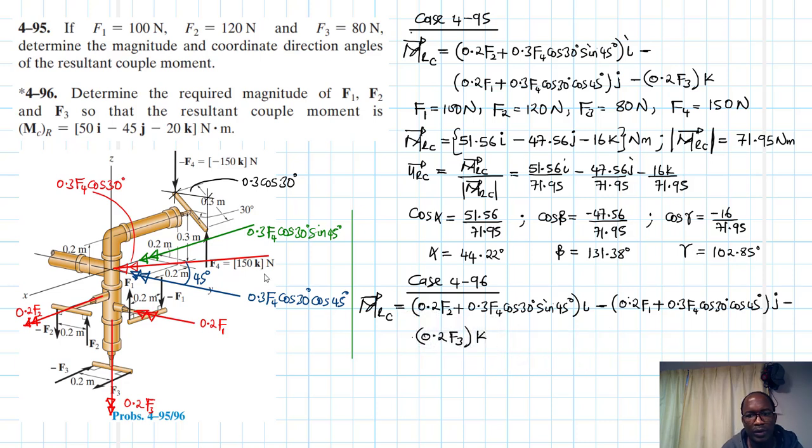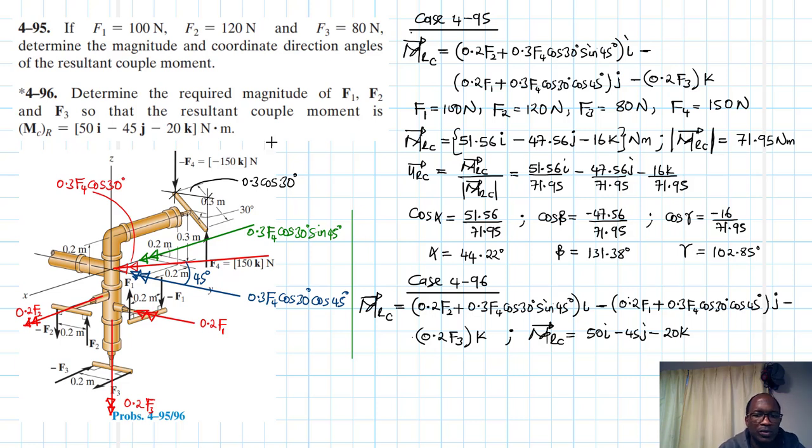Then we have this other equation where they've told us already that our resultant that is given is equal to 50i minus 45j minus 20k.